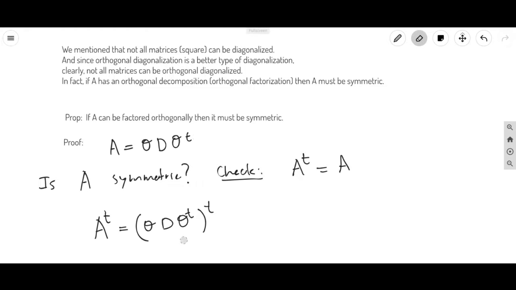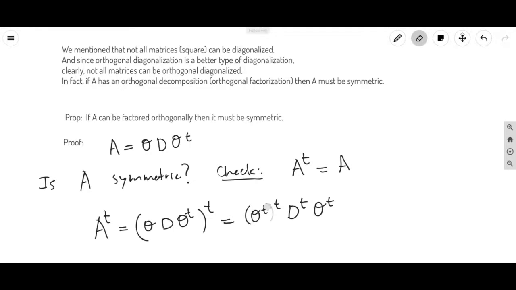Now, we learned somewhere in this course, quite a while ago, that if you take a transpose of a product, it is the product of the transposes in reverse order. I think you had that as a homework problem. So this would be the O transpose transpose, this would be D transpose, and that would be O transpose. You're just writing the factors with a transpose on top of them in reverse order.